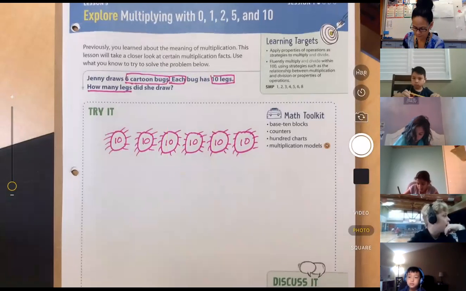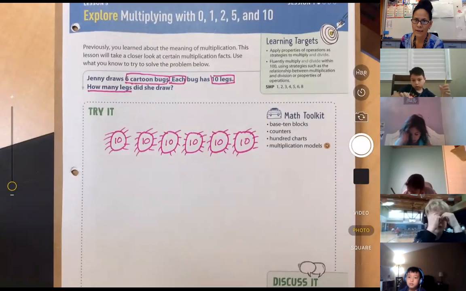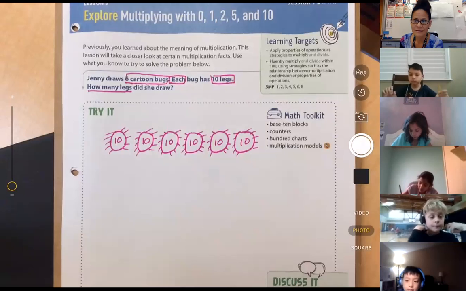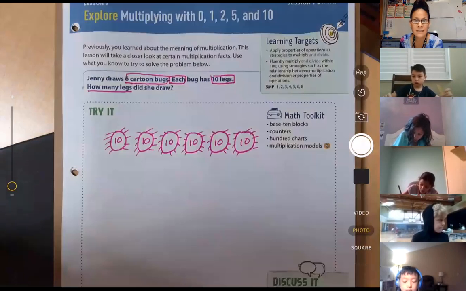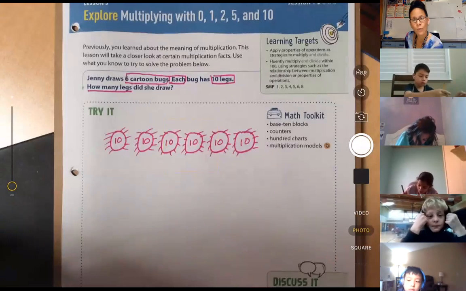All right? So then it's asking me, how many legs? Well, look what I get to do. It's either skip counting, repeated addition. I could do a multiplication equation. There are lots of things I could do here. If I did repeated addition, what's it going to look like?